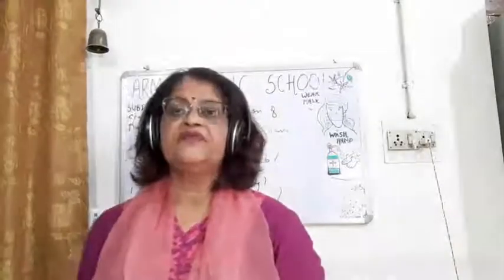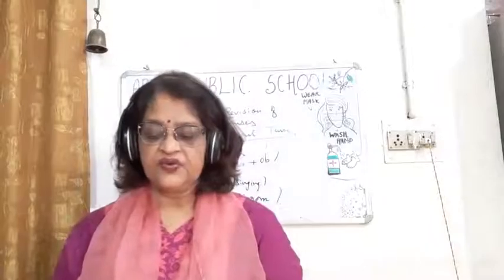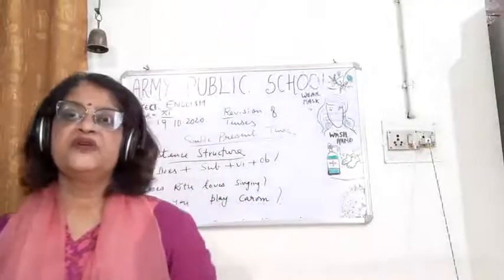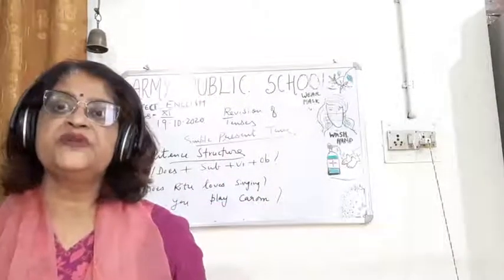Now the other important thing is how to use do or does. So children, again you can make a note. In fact, I am dictating and you please write it.